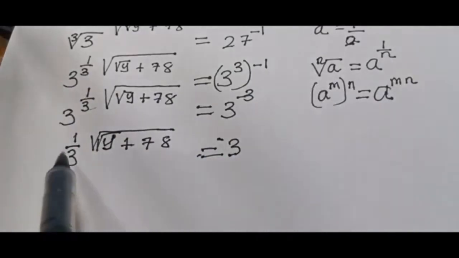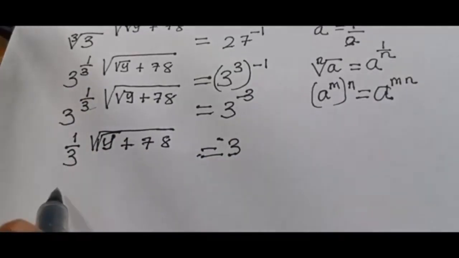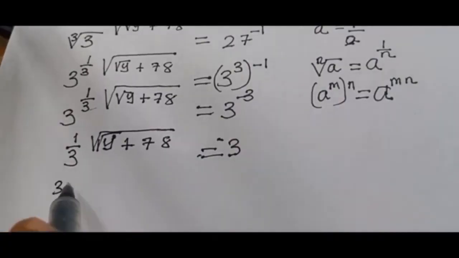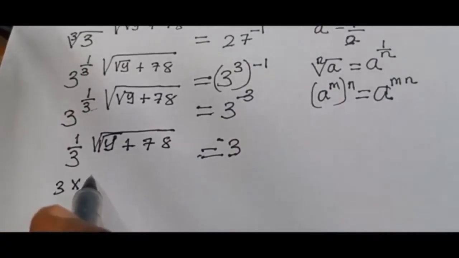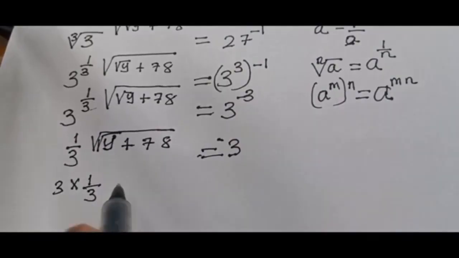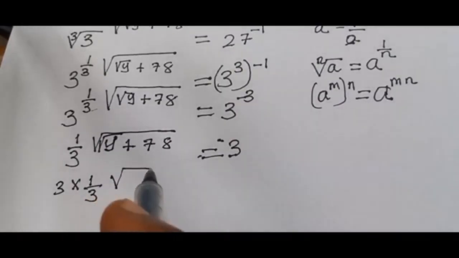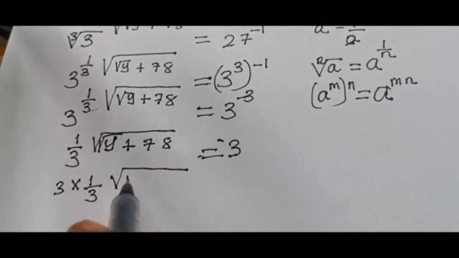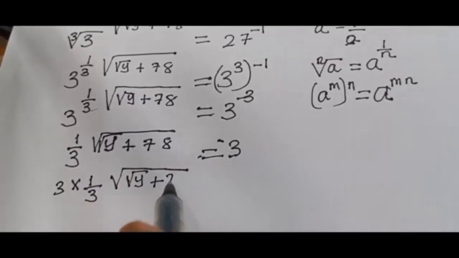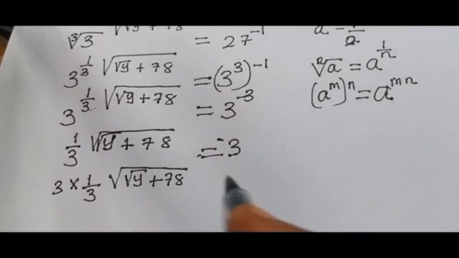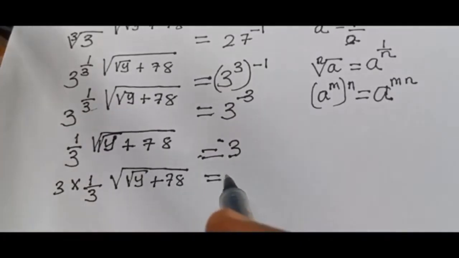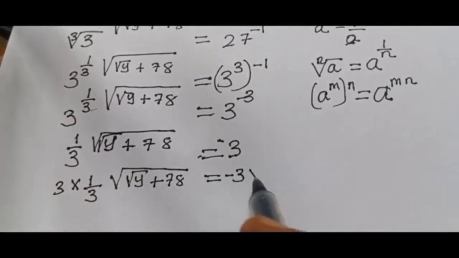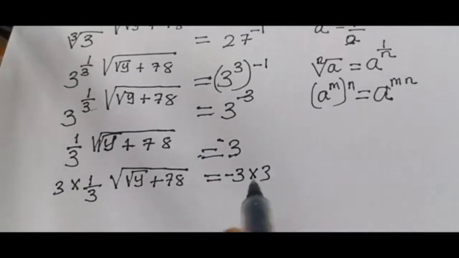So here multiply by 3 both sides. We have 3 times 1 over 3 under root radical y plus 78 equals to negative 3 times 3.